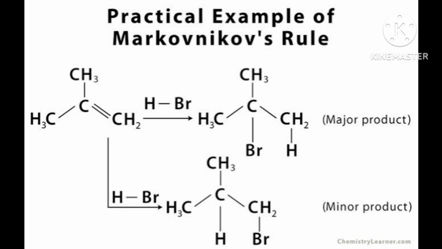The other possibility is the reverse case, which is not the main product; that is the side product. In the reverse way, the bromine goes to carbon number 1 and H comes to carbon number 2. That is not the main product. This is against the Markovnikov rule.